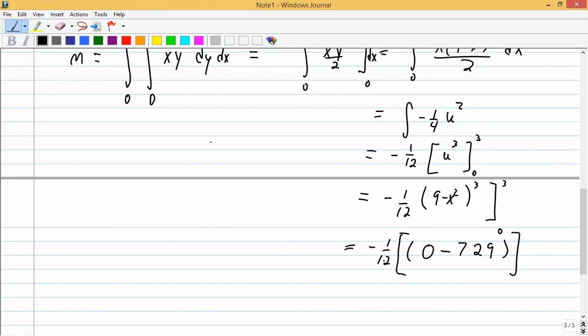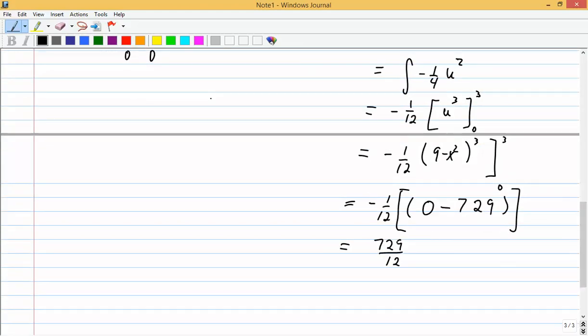So I have negative 1/12 times negative 729. So that's going to be a positive 729 over 12 units. Let's see.